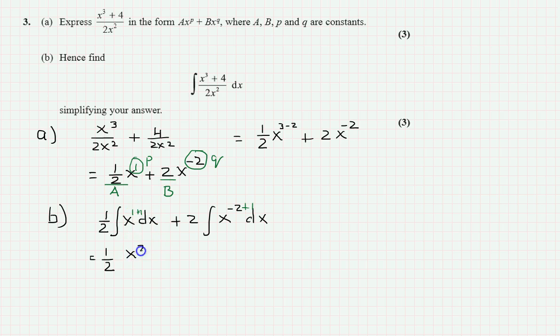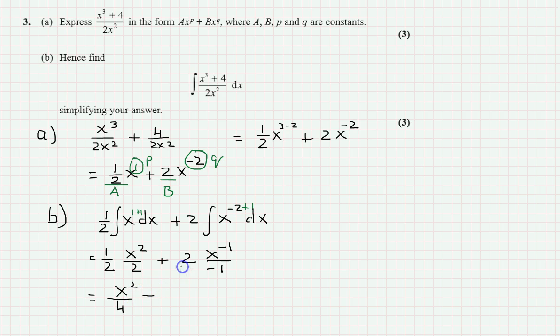So x power 1 plus 1 is 2 divided by 2, plus 2 x to the power minus 2 plus 1 is minus 1 over minus 1. So it will be x square over 4. This is minus 1 and this is 2.